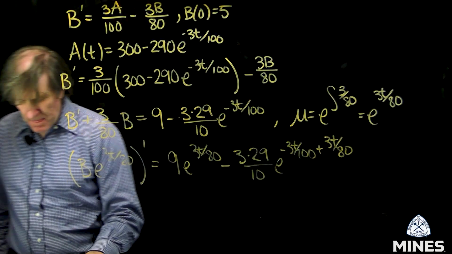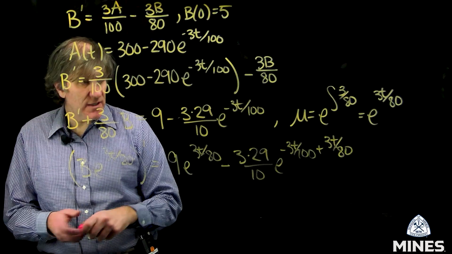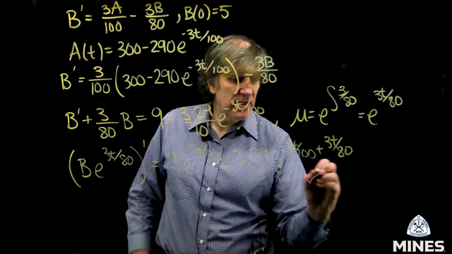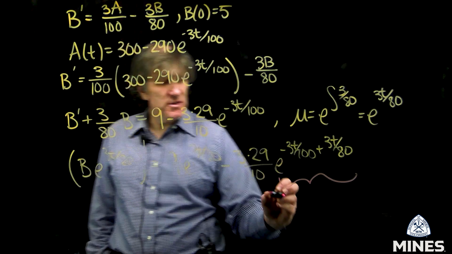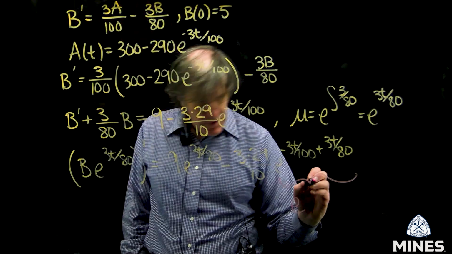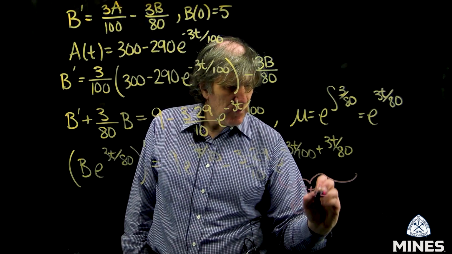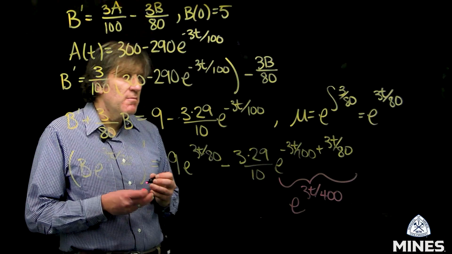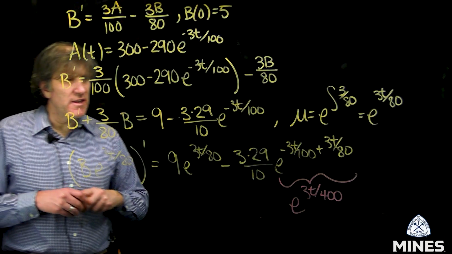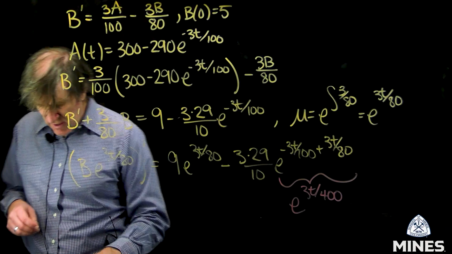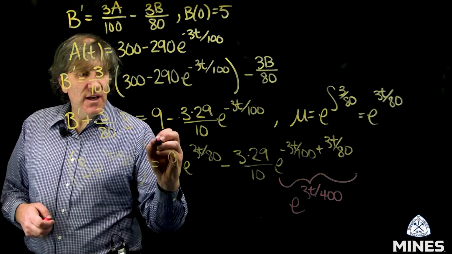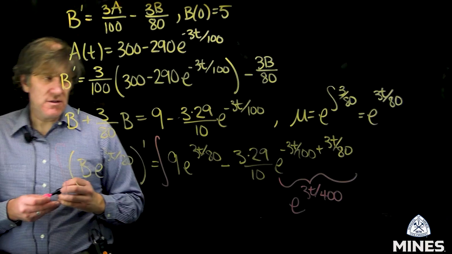Okay, and I have done the common denominator here, and this turns out to be e to the 3t over 400. So you can combine those with the common denominator, and that is what you get. So we're now ready to integrate both sides.